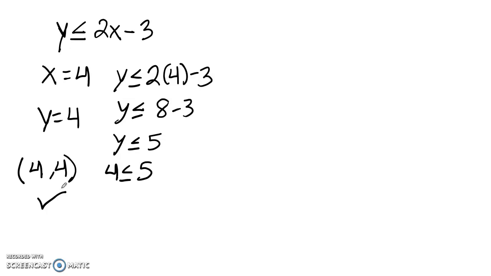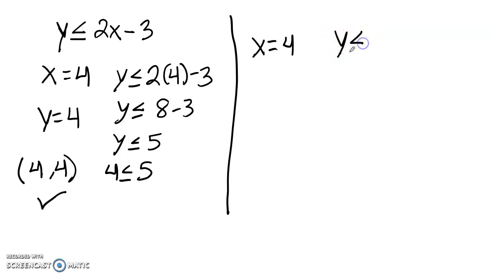In order to find something that does not satisfy the inequality, let's keep x equal to 4, but when I get to the y less than or equal to 5, I want to pick a value for y that does not satisfy this.